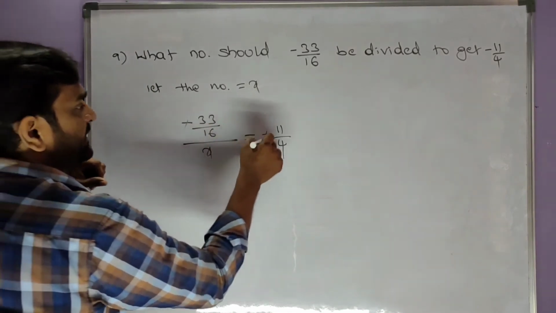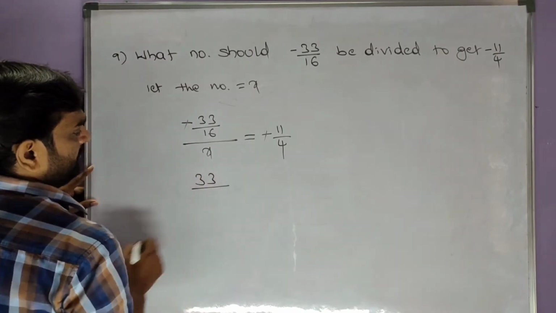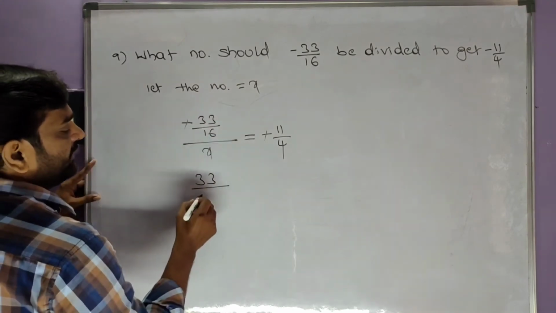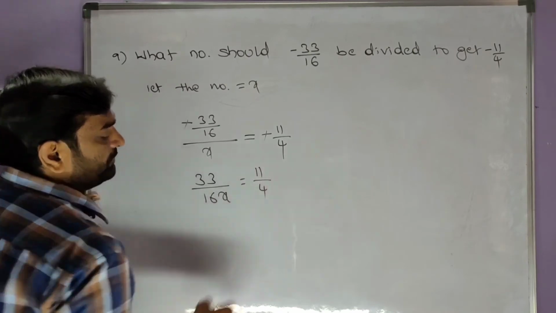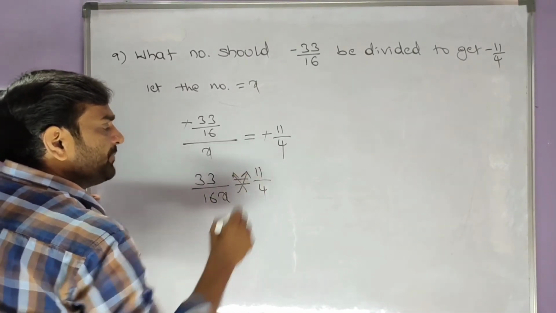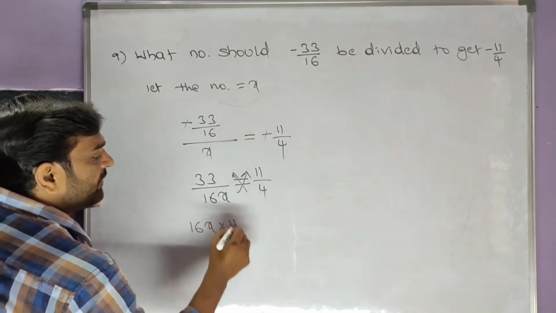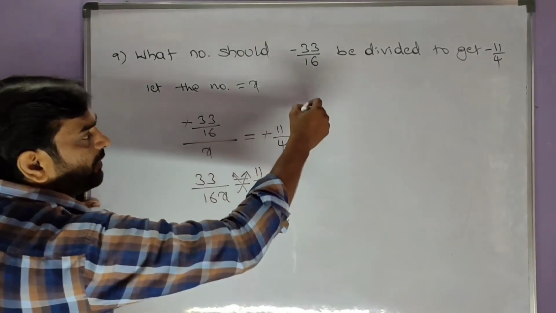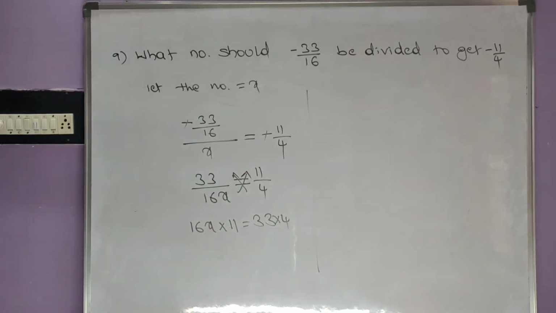Both sides, the minus signs cancel. So 33 by 16 into x is equal to 11 by 4. Now do cross multiplication. 16x into 11 is equal to 33 into 4.